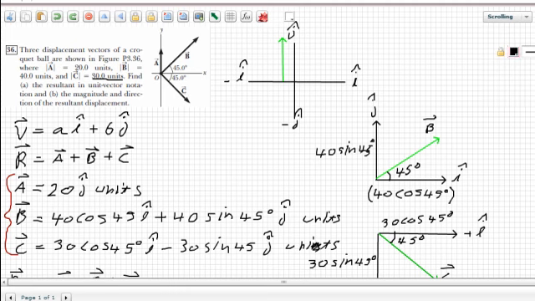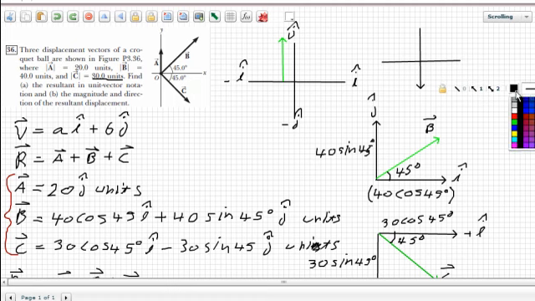And to kind of show you what I'm talking about here, if we were to draw a little Cartesian plane over here, and let's say we want to draw all our vectors.